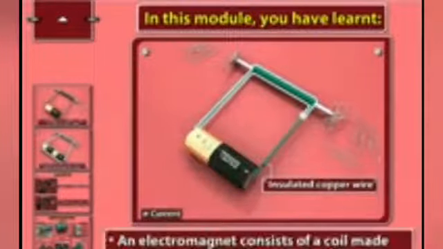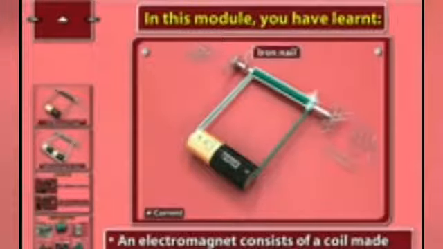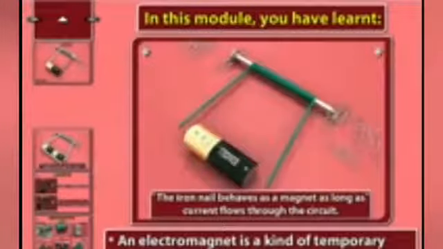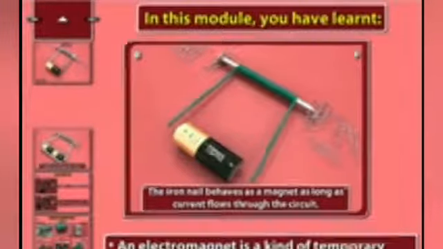In this module you have learned: An electromagnet consists of a coil made from several turns of insulated copper wire wound on a magnetic material like iron. An electromagnet is a kind of temporary magnet. It behaves as a magnet as long as current flows through the coil.